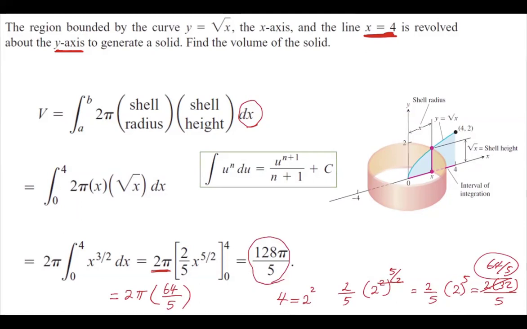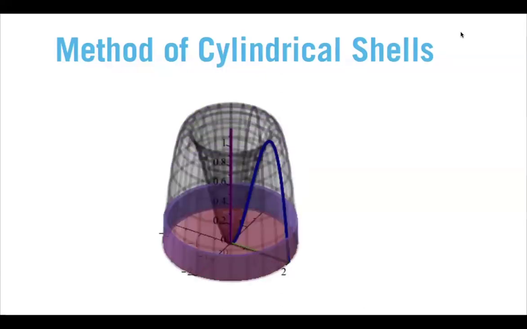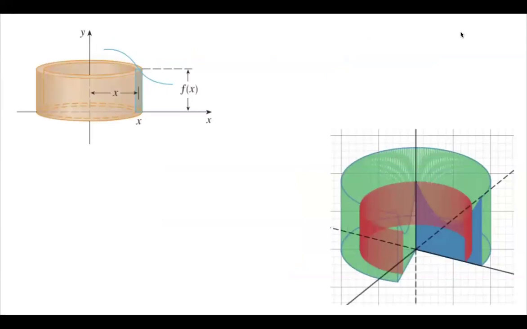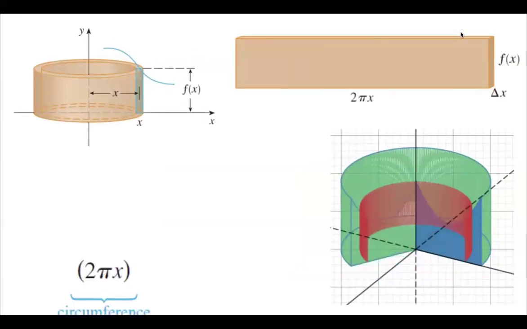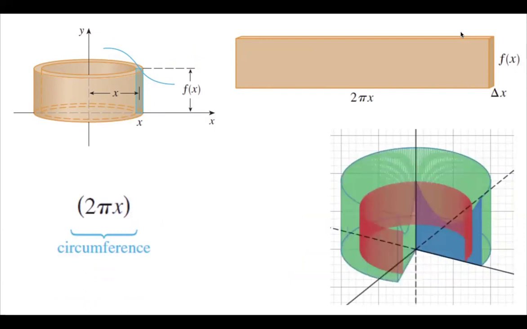So this is our method of cylindrical shells to calculate this volume. In applying the method of cylindrical shells, we saw that we are taking small cylindrical shells and finding their areas: 2 pi x, which is the circumference of the base.